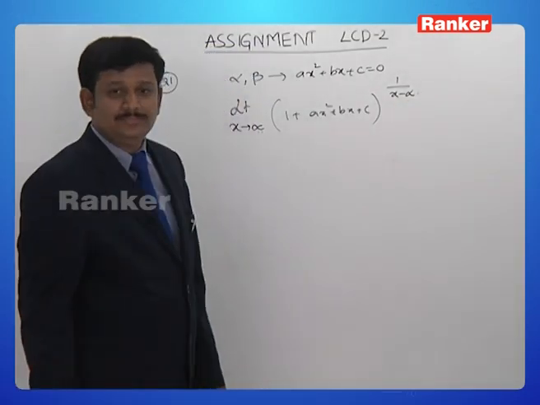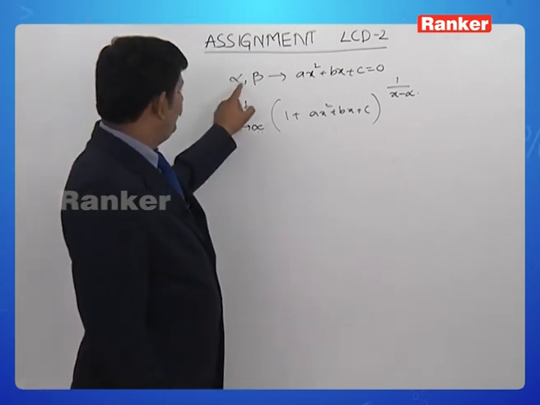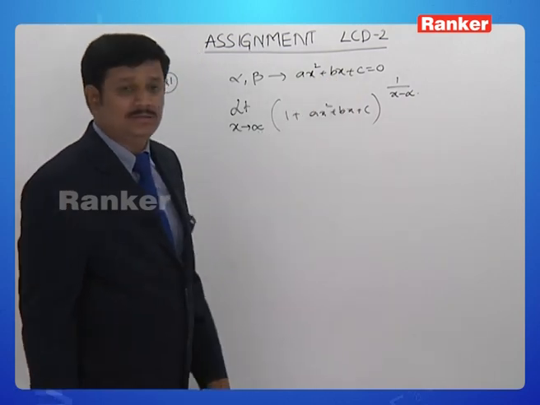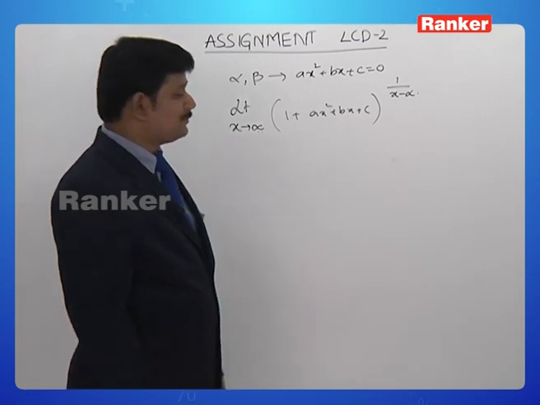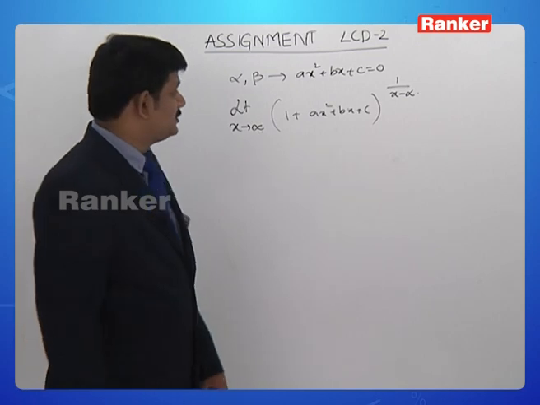There is a question on the factor theorem. Alpha and beta are roots of ax square plus bx plus c. Then x minus alpha is a factor of ax square plus bx plus c, and x minus beta is also a factor of ax square plus bx plus c.